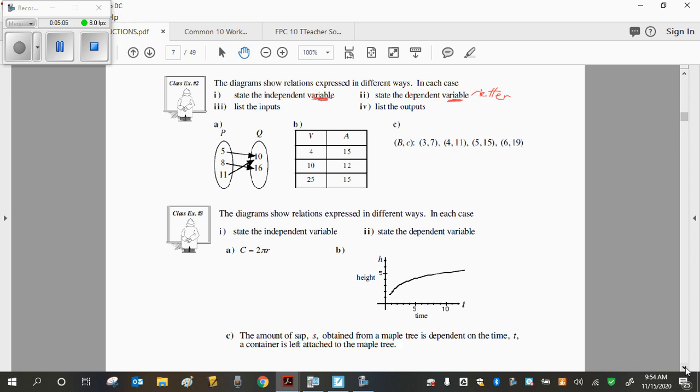And so if you look at A, your variables are going to be P and Q. And those are the only letters that you have.